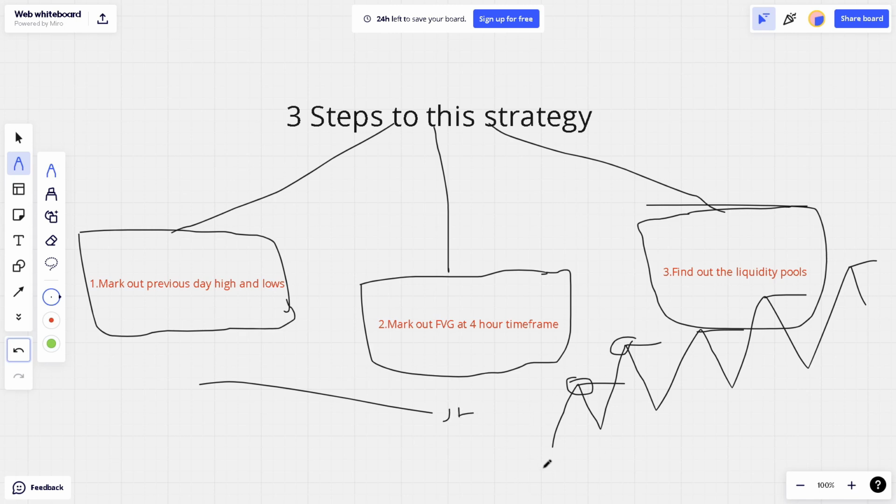Let's say I am an operator, and I just know that people have bought heavily over here and people have sold heavily over here. I have so much cash, unlimited money. Now what I'll do is I'll drive up the price so that it hits the stop loss.